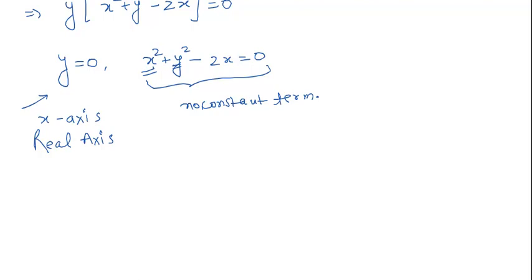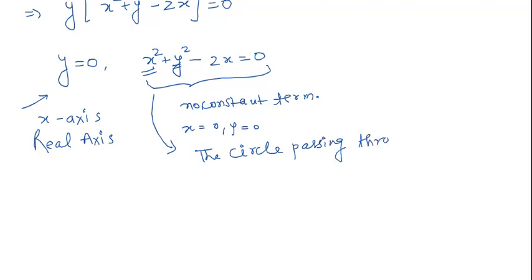So if we substitute the x coordinate as 0 and y coordinate as 0, we get the equation being satisfied by (0, 0). That is, this circle passes through the origin. So we can say that this equation represents the circle passing through the origin.